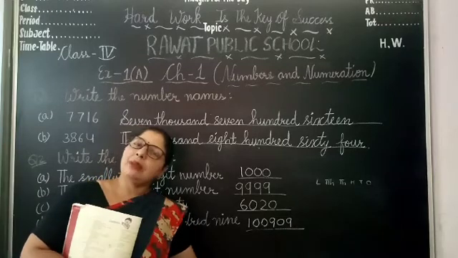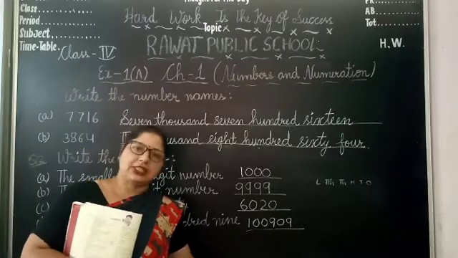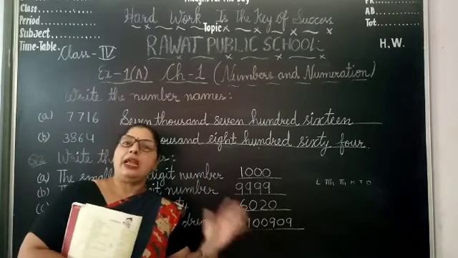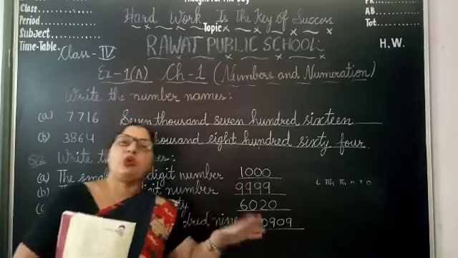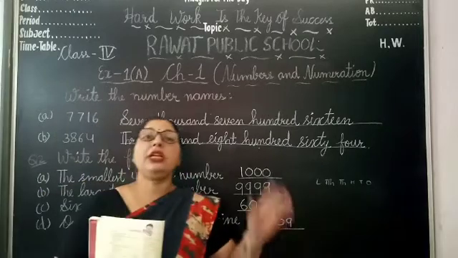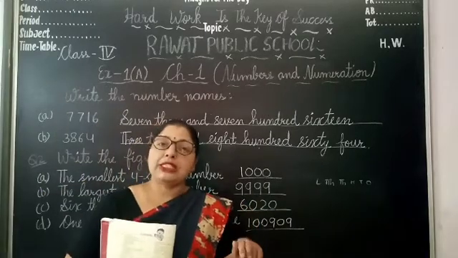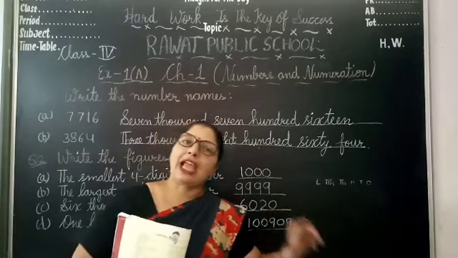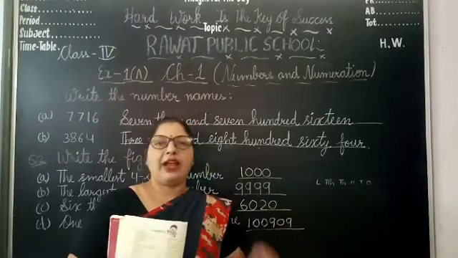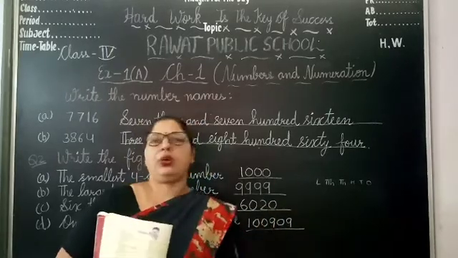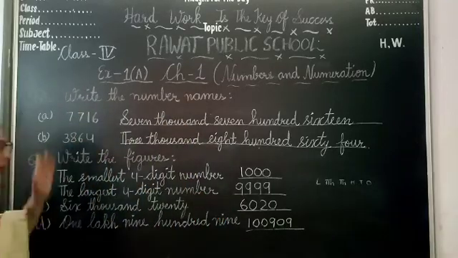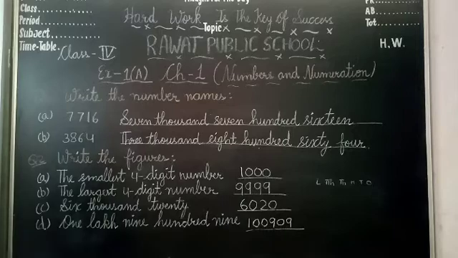If there is no 1,000, no 100, no 10,000, then we put 0 in that place. Otherwise our answer will be wrong. So students, write down question number 1 and question number 2.